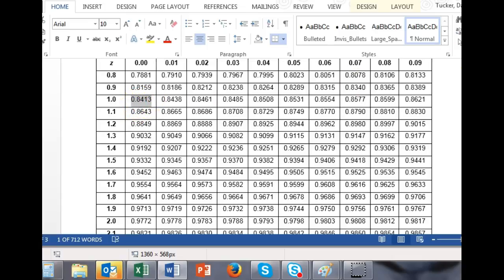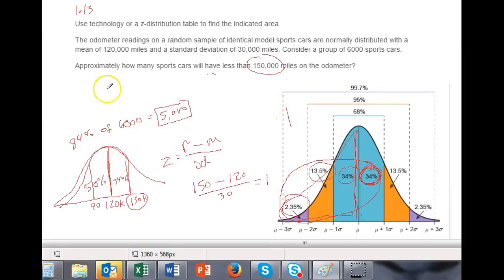84.13%. So that's interesting that if we use the z distribution table, we get 84.13% of 6,000. And if I do the math, it comes out to about 5,047. I won't do that on the calculator.